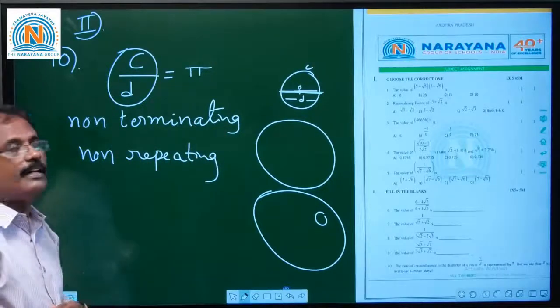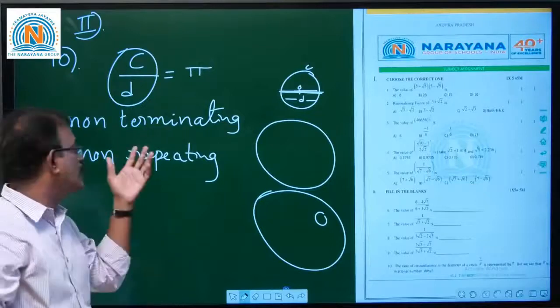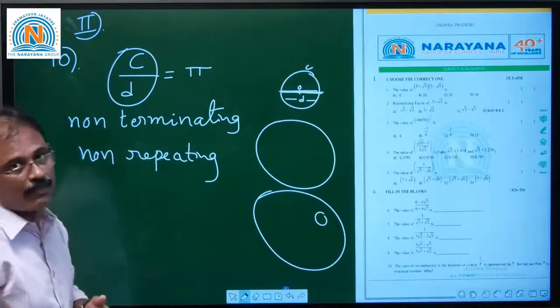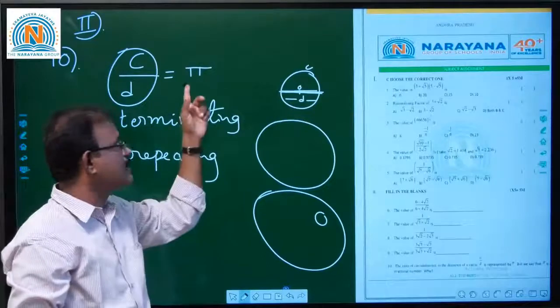We cannot convert a non-terminating, non-repeating decimal into the form of P by Q. Therefore, it is an irrational number.